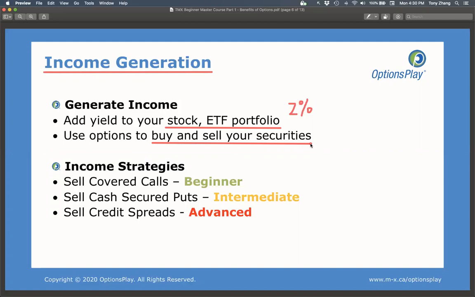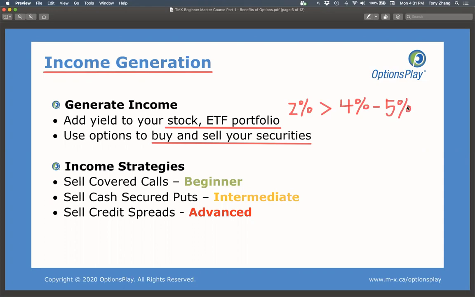And utilizing options to buy and sell your securities many times generates yield in excess of 4 or 5%. So many times you're doubling your dividend yield from 2% to 4 or 5% by utilizing options to simply buy and sell your securities.